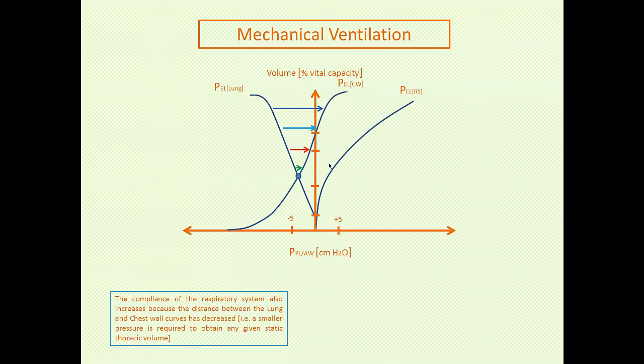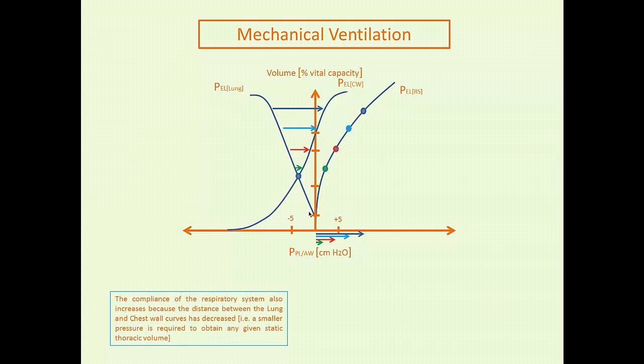Or conversely, as I've depicted here, it's the amount of pressure that the ventilator must apply at the proximal trachea to achieve that volume. And again, this is in the passive or heavily sedated patient, so there's no active inspiration or expiration occurring. So if you were to now graph these, the compliance of the respiratory system, again, the respiratory system being the lungs and chest wall together, has increased.